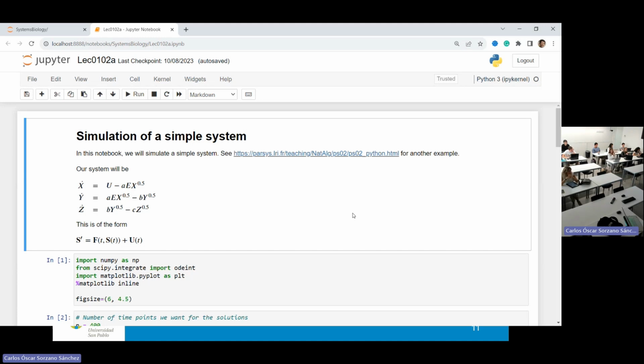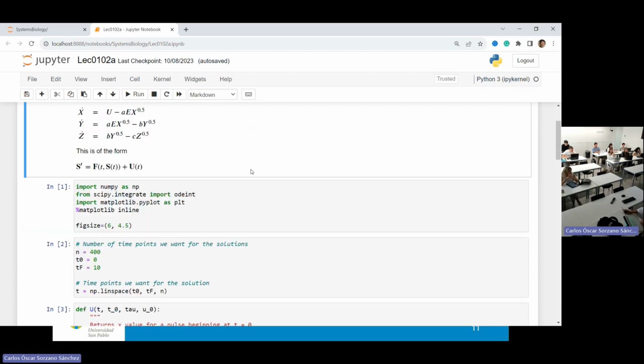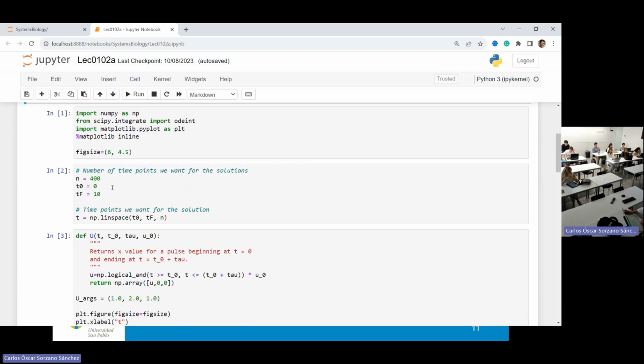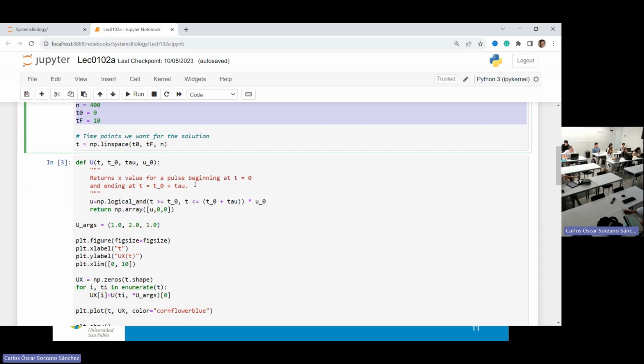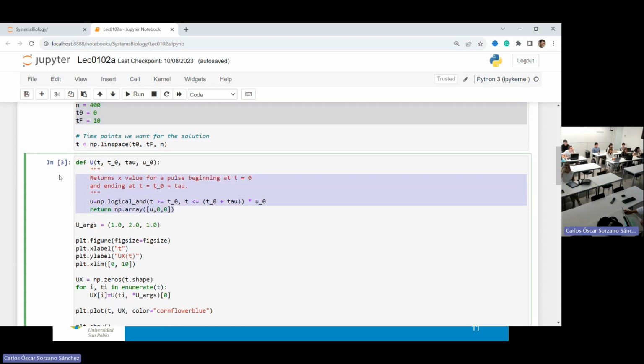I have taken this from this example, and then in imports and libraries, we define what is the time range for which we will simulate our stuff. Then we define U. U is the external input. So the external input will depend on T, but also will depend at which time it goes up.